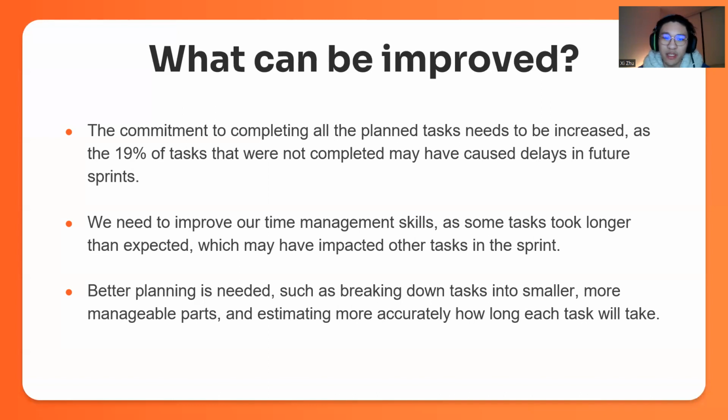Better planning is needed, such as breaking down tasks into smaller, more manageable parts and estimating more accurately how long each task will take. Yes, I think I need to spend some time to optimize the rest of the user stories and put time on it.